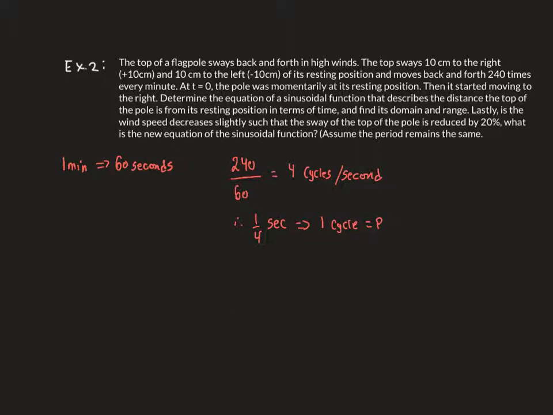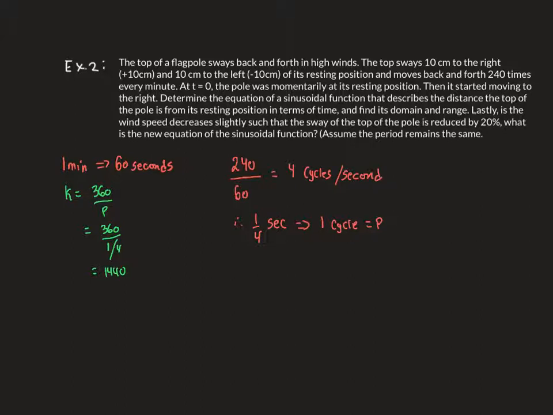So let's find our K like we normally do. K is 360 divided by P. So 360 divided by 1/4, which is 1440.